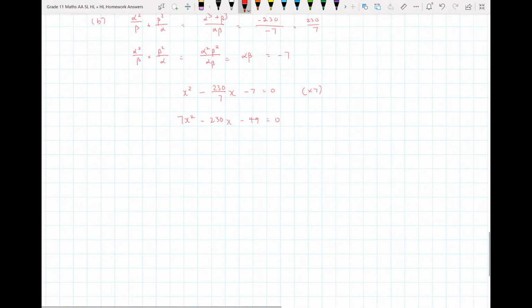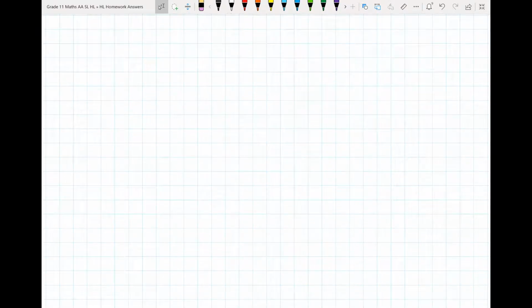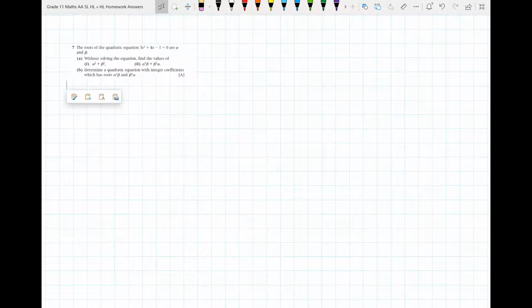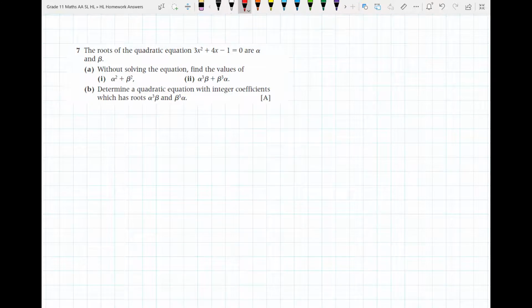This was question 6. Question 7. Again, let's write down the original roots. So the sum is -4/3. Product is -1/3. So let's answer these two expressions. Sum of squares is as follows.